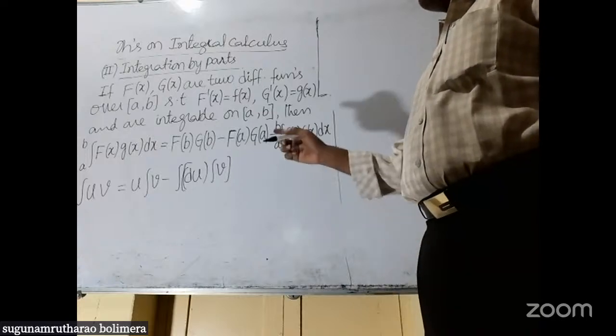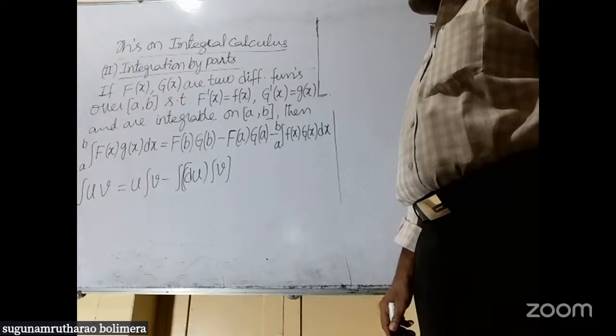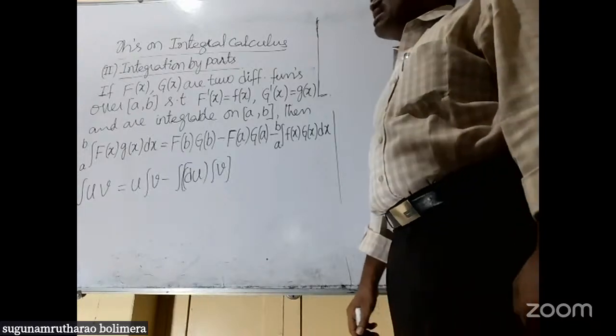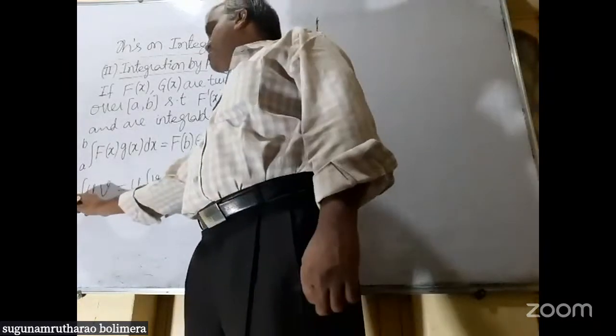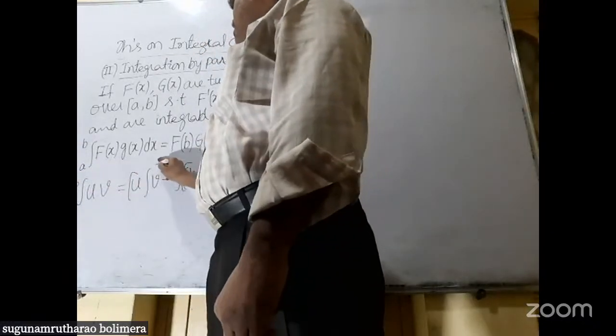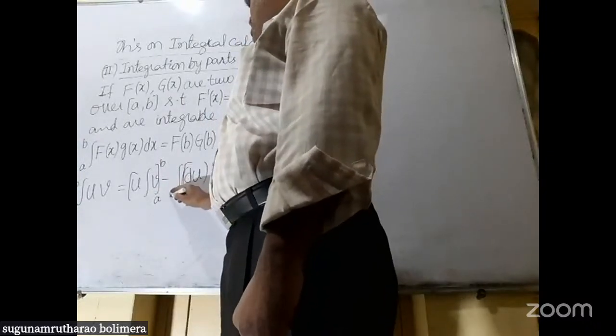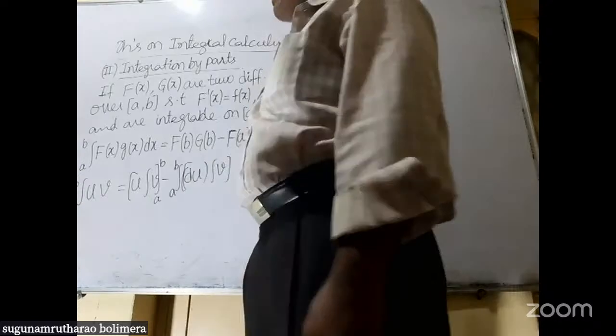But how will this come? Consider the limits from A to B here also.